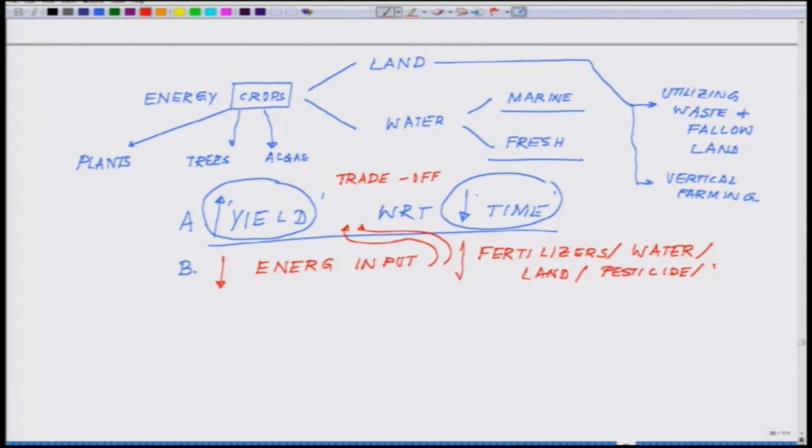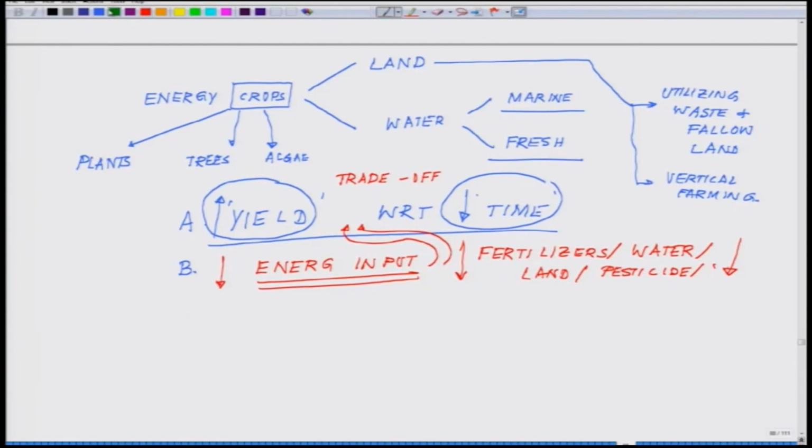So, the lesser their use, the less your energy input will be. So, we have to look for those crops, among that whole series of things we mentioned earlier, which consume the least amount of energy.